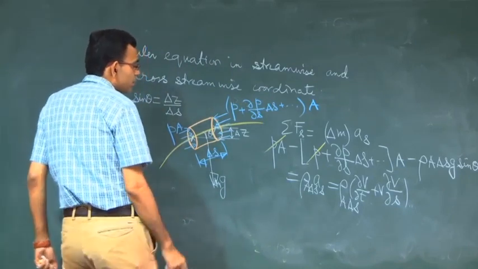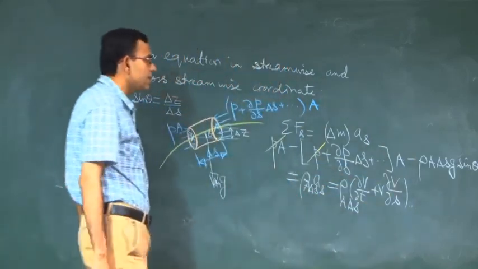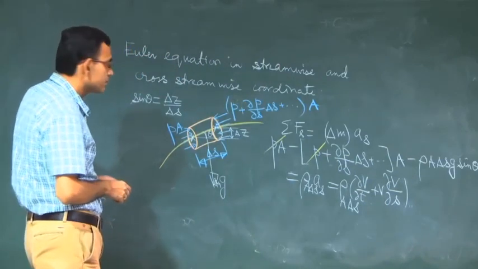You can also cancel A into delta S from both sides and take the limit as delta S tends to 0.